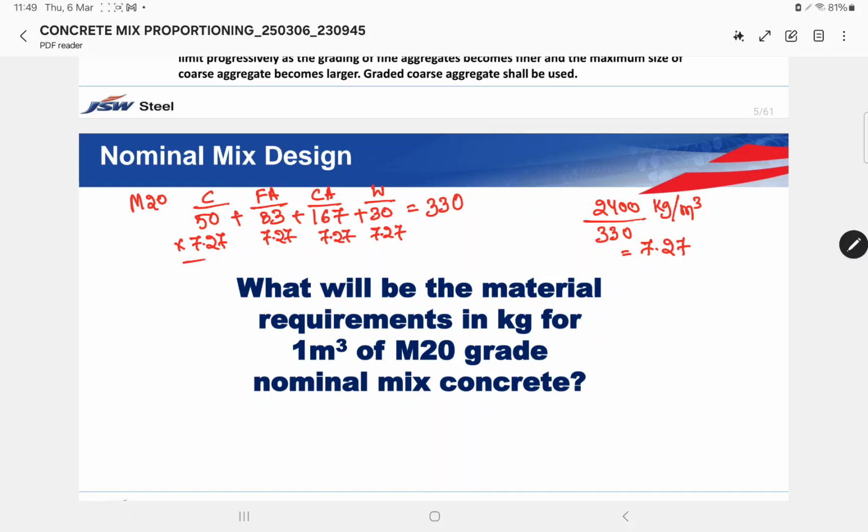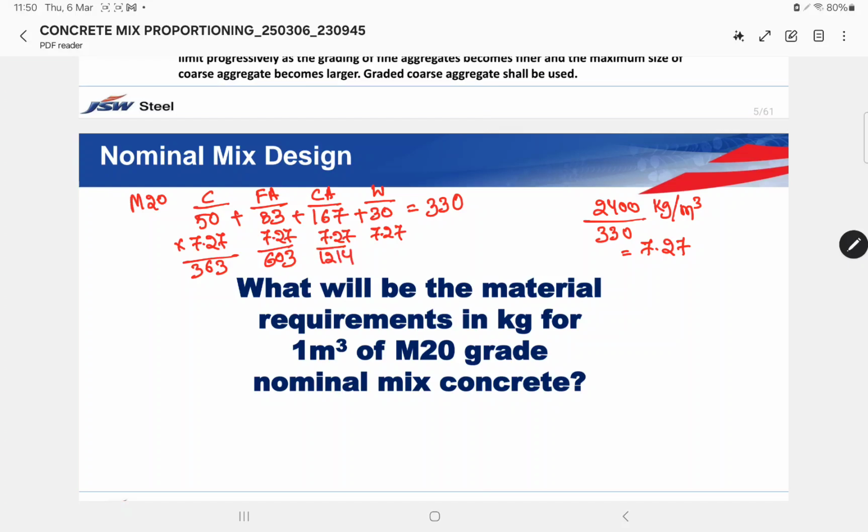So the cement content becomes 50 times 7.27, 363. Then my fine aggregate quantity becomes 83 into 7.27, 603. Then 167 into 7.27, 1214 kg.